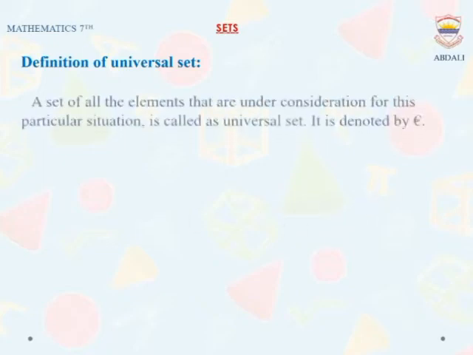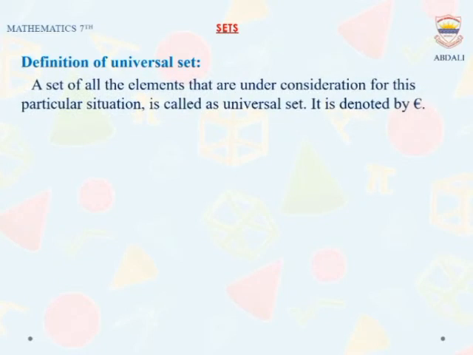So now we are going to see the definition of universal set. We know what a set is, and now we will see a special set which is known as the universal set.